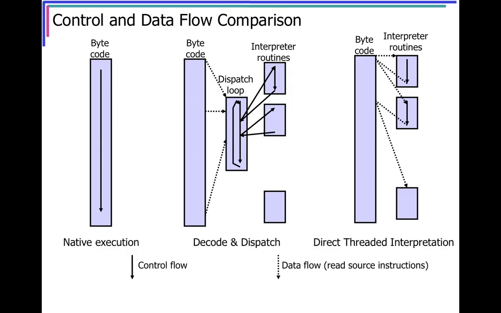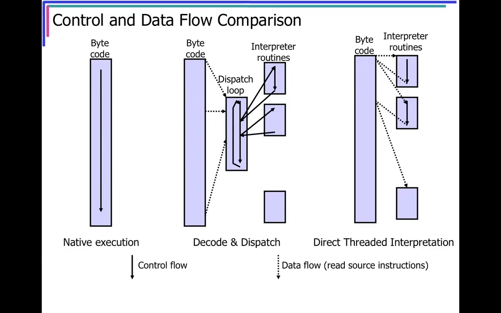Okay, so we now see the difference between native execution, decode and dispatch, and direct threaded interpretation. If we take a look at direct threaded interpretation at a high level, what you have is a series of interpreter routines. Each interpreter routine reads from memory, so there's a data flow from the program that's in memory to the interpreter routine, the dotted line.